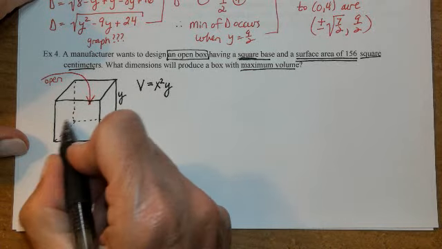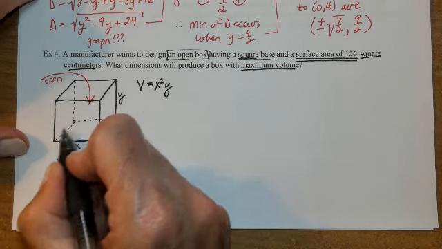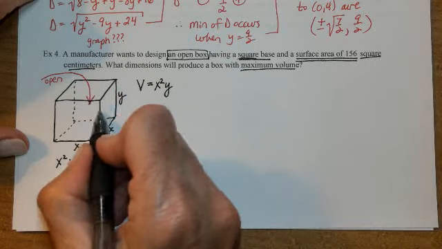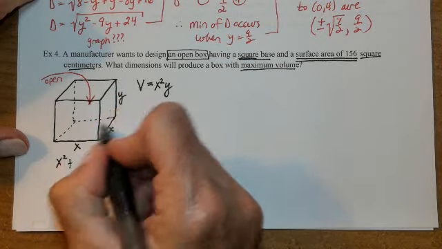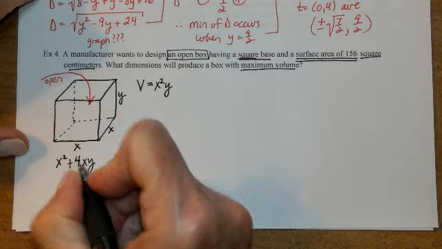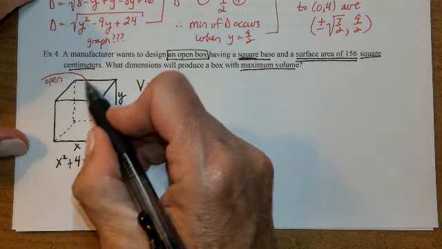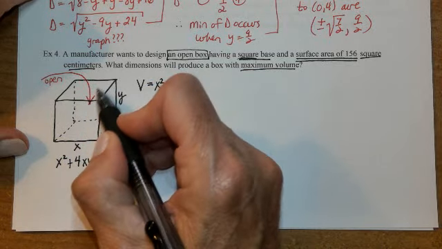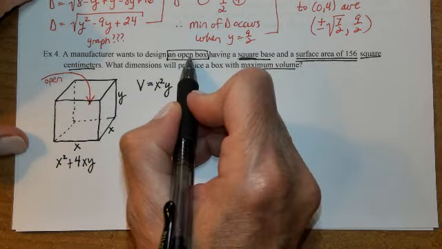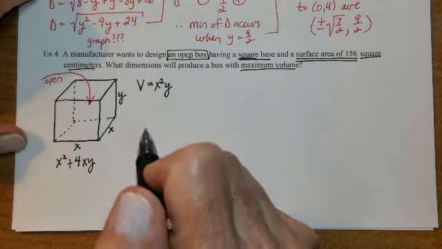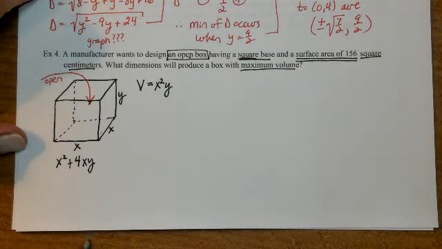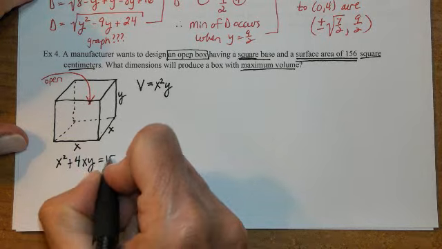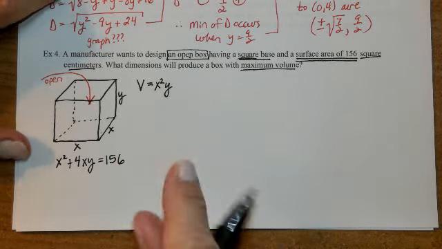The area of this side is also xy. The area of the back is xy. And the area of this side is xy. There are 4 of those, right? But don't include the area of the top because this box happens to be open. Okay? So this is the surface area of this box, and it has to be 156.